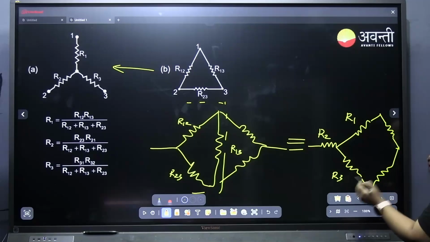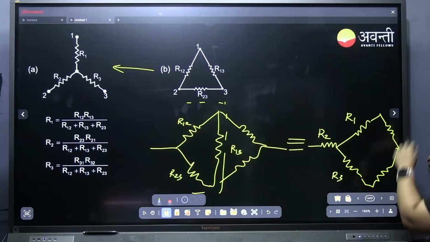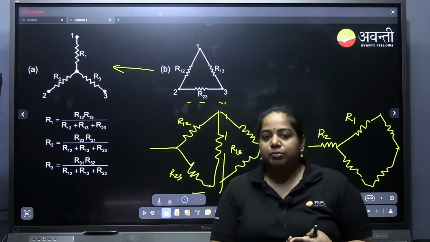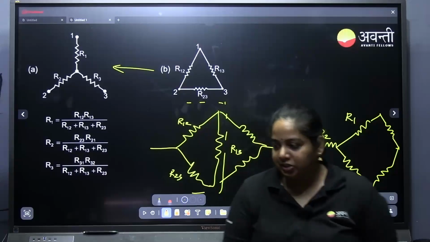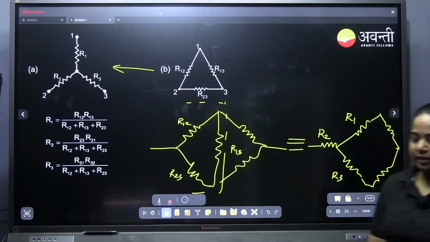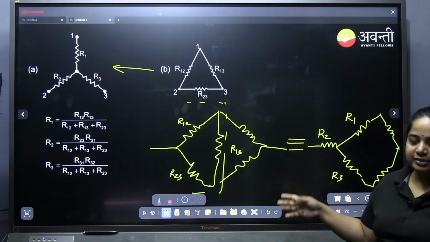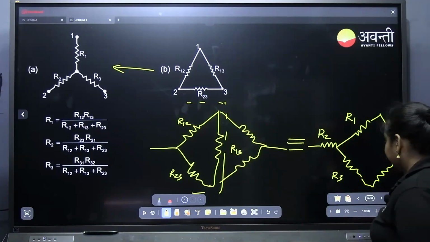R1 and these two in series, you can directly add. So this is only to be used when you have a Wheatstone bridge in unbalanced condition. Otherwise it's fine. Clear? Since nobody is replying, I am thinking you did not understand this. No problem, we will see later.